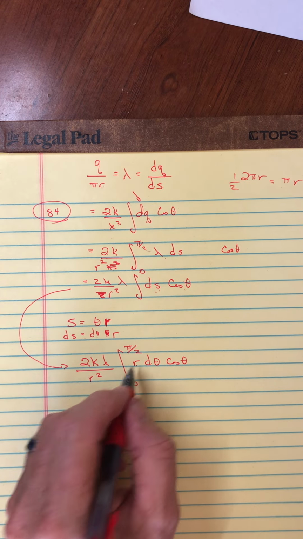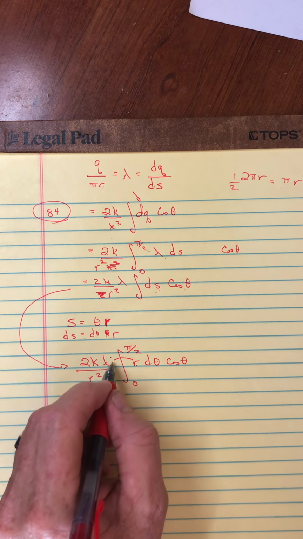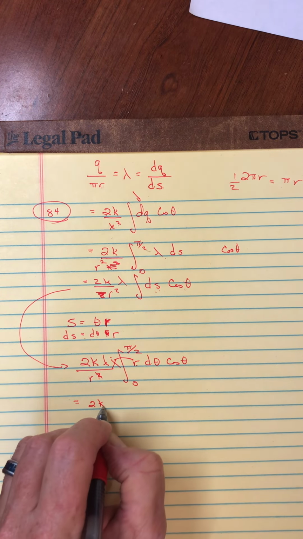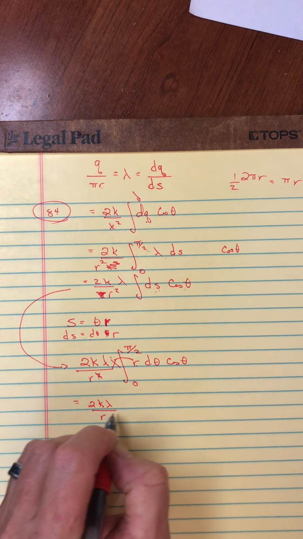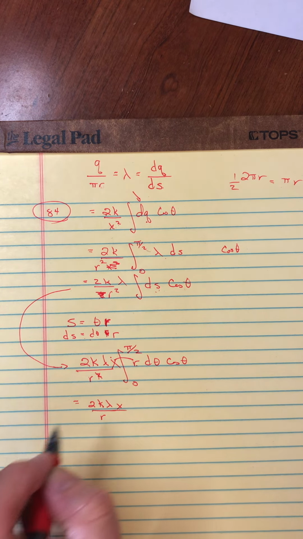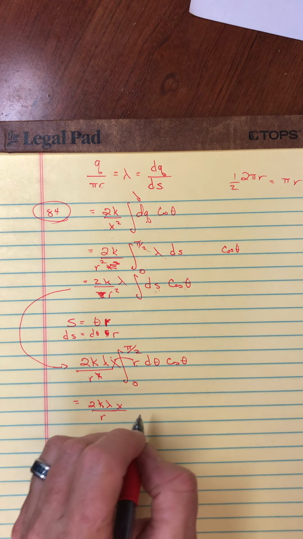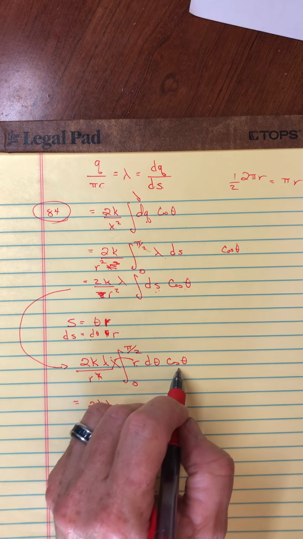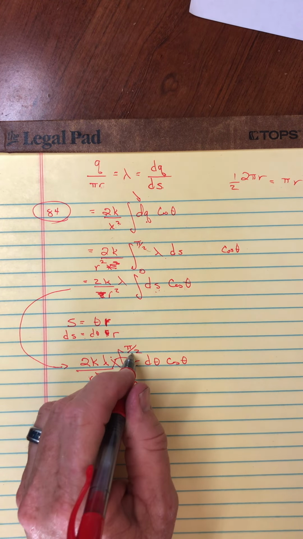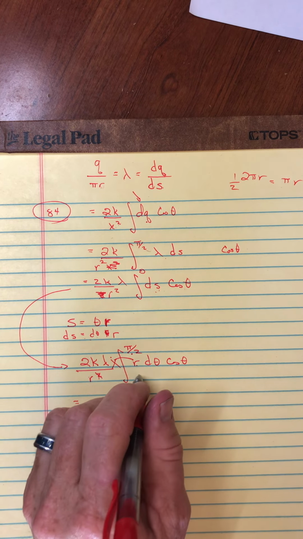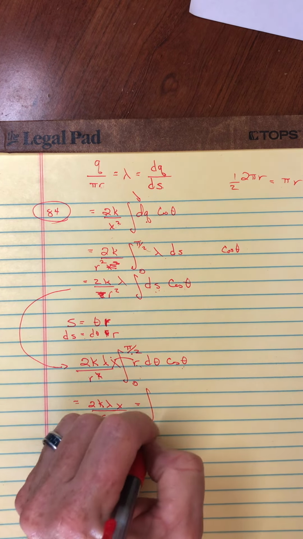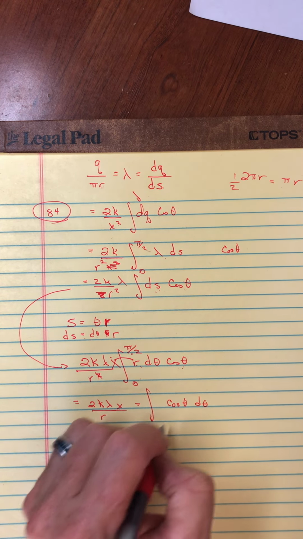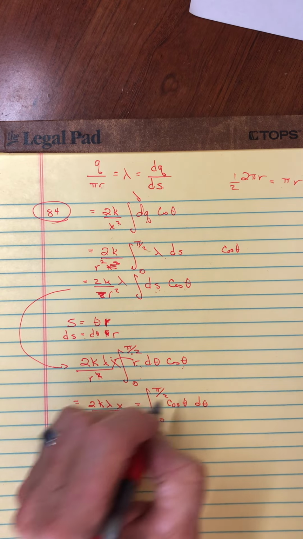And of course the r doesn't change, so I can pull it out and then cancel it with 1 down here. So it's 2 times Coulomb's constant times lambda over r. And then we've got this question, what is the integral from 0 to pi over 2 of just 1 times cosine theta d theta?